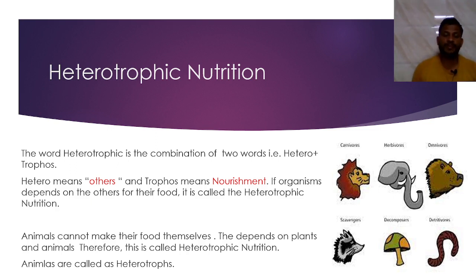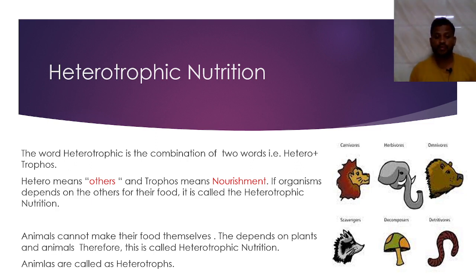It means human being is a heterotroph, lion is a heterotroph, elephant is a heterotroph, mushroom is a heterotroph, and bear, deer, earthworm, these all organisms are heterotrophs. The organism which depends upon other organisms or on plants for their food or nourishment is called a heterotroph.